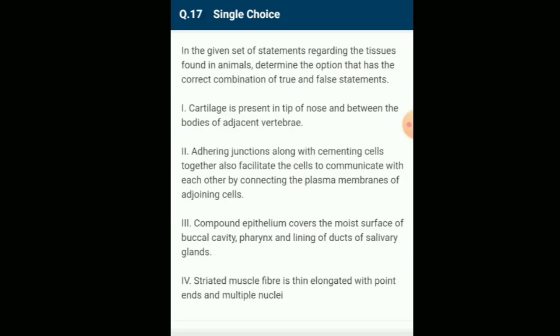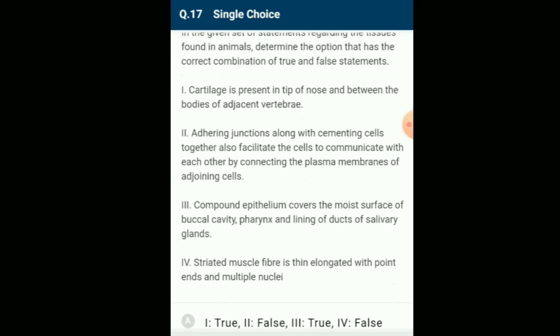Question number 17. In the given set of statements regarding the tissue found in animals, determine the option that has the correct combination of true and false statements. Here there are four statements given. First, cartilage is present in the tip of nose, outer ear joints, between adjacent bones of the vertebral column, limbs and hands in adults. Second, tight junctions perform cementing to keep neighboring cells together.